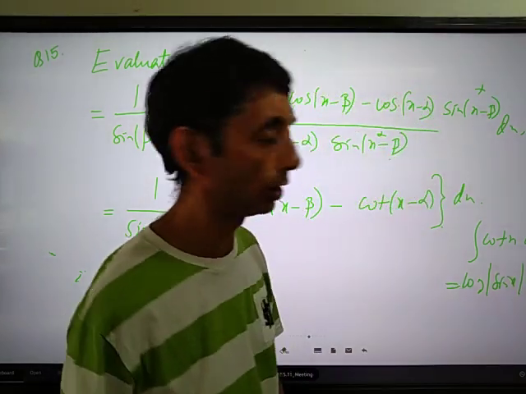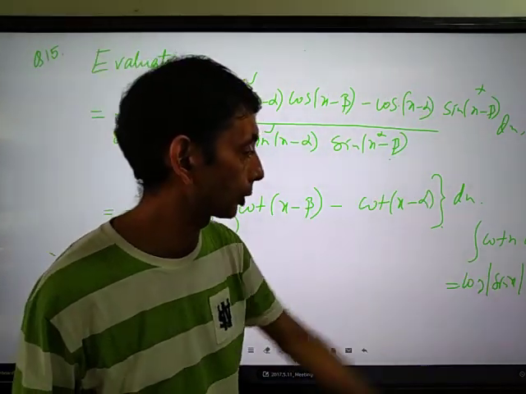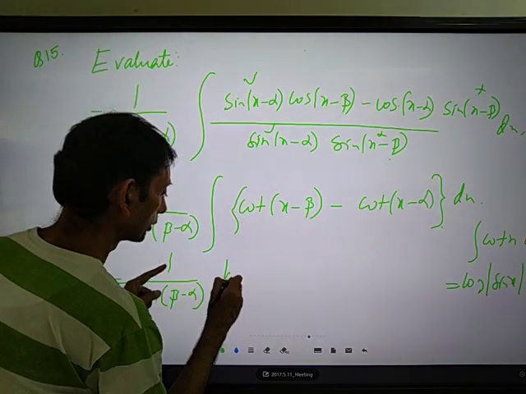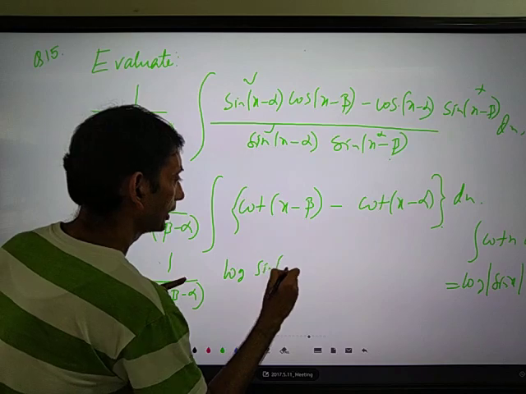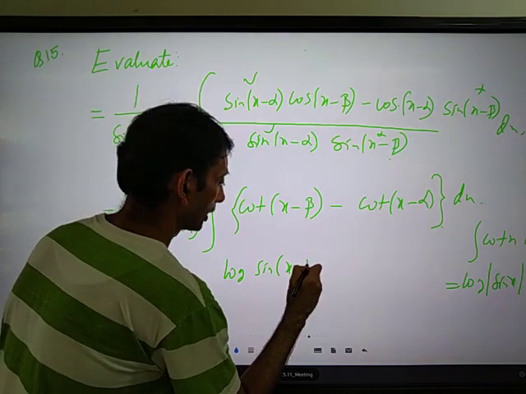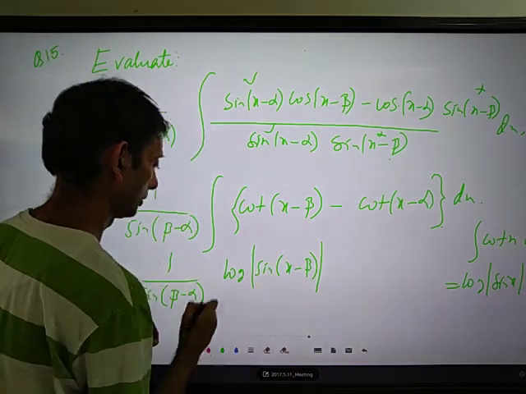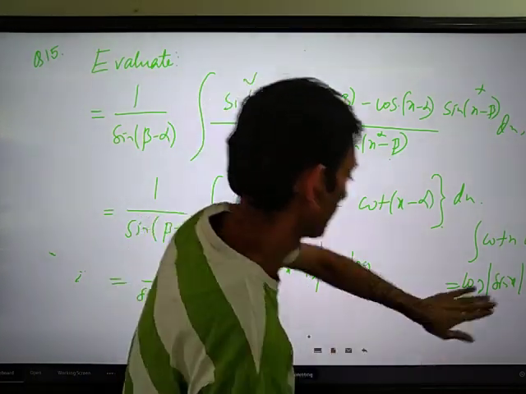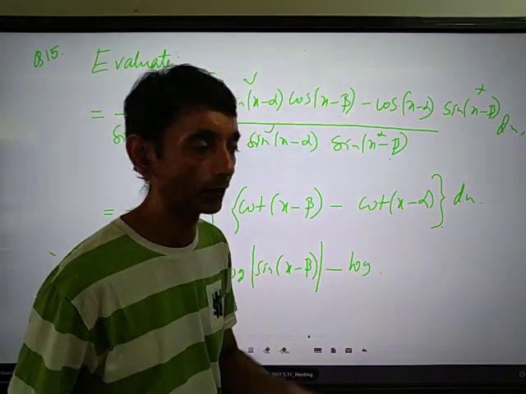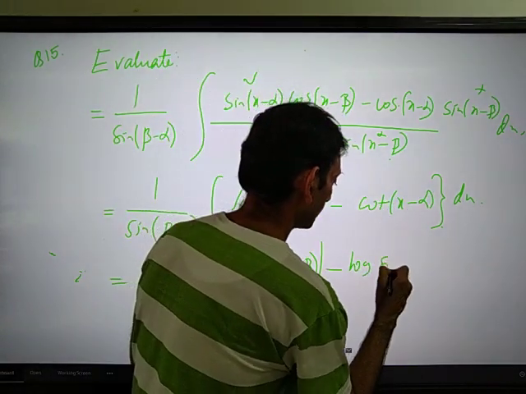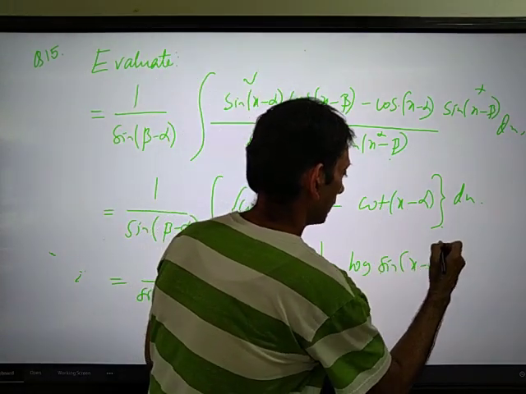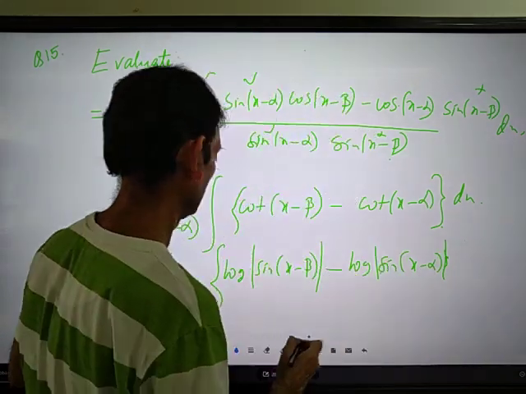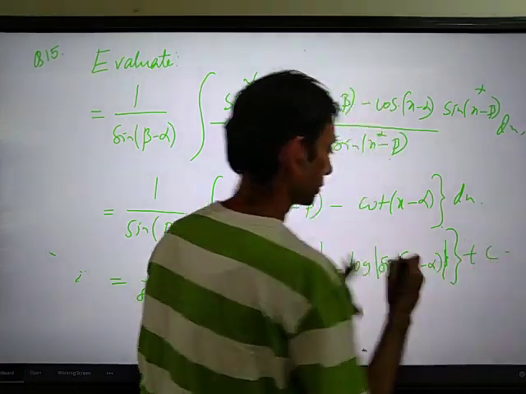Therefore the integration of cot(x minus beta) is log sin(x minus beta), and minus, the integration of cot(x minus alpha) is log sin(x minus alpha). Plus c. So it's almost done.